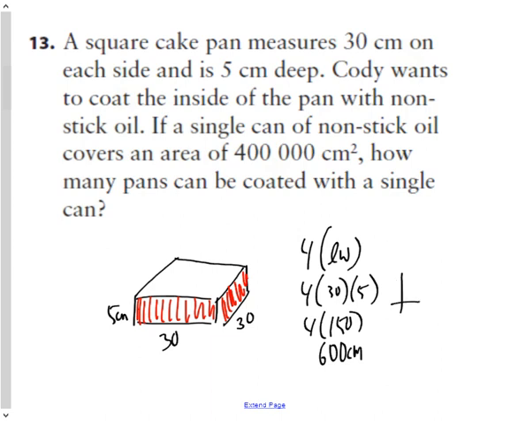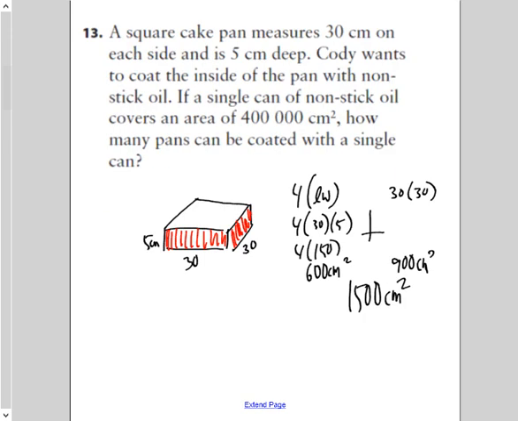Plus, there is the bottom of the pan, which is just 30 by 30, or 900 centimeters squared. So altogether, with those 5 faces together inside, one pan has 1,500 centimeters squared of surface area. Okay, now that's one pan.